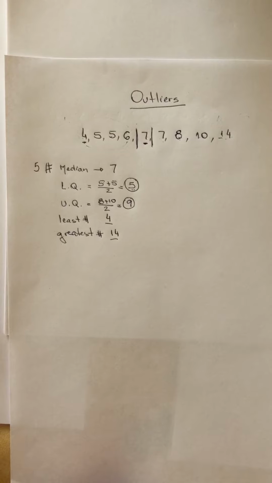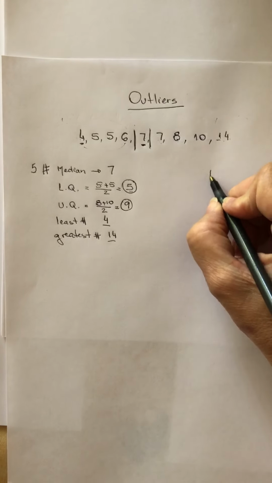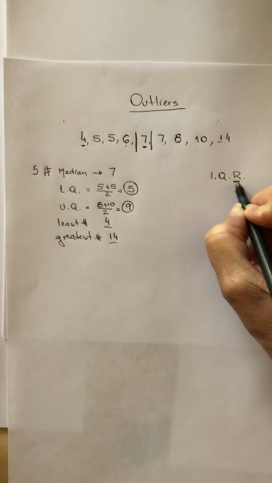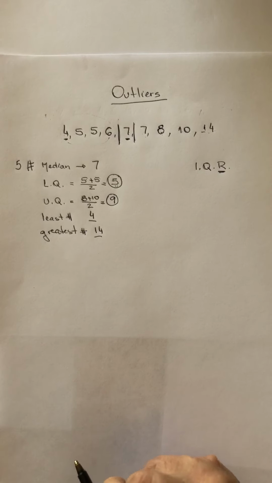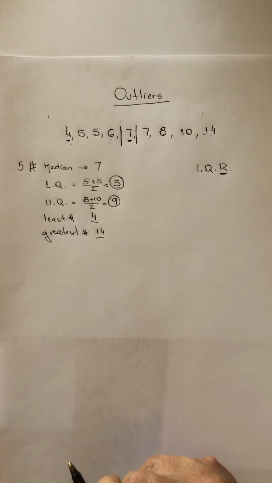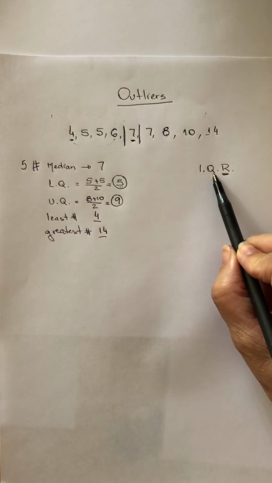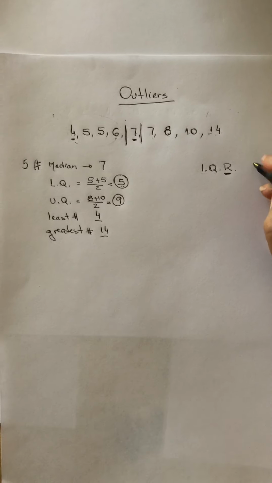The next thing I need to do is to find my quartile range. Remember that the word range means that we are going to find a difference between two numbers. So the range here in the quartiles is going to be the difference between the upper quartile and the lower quartile.